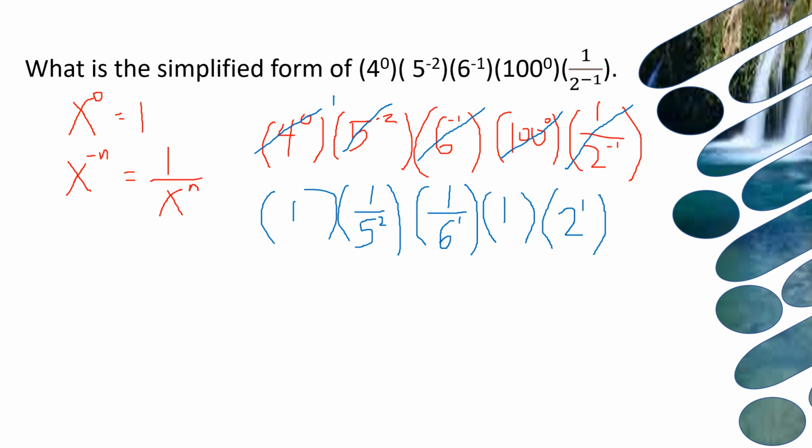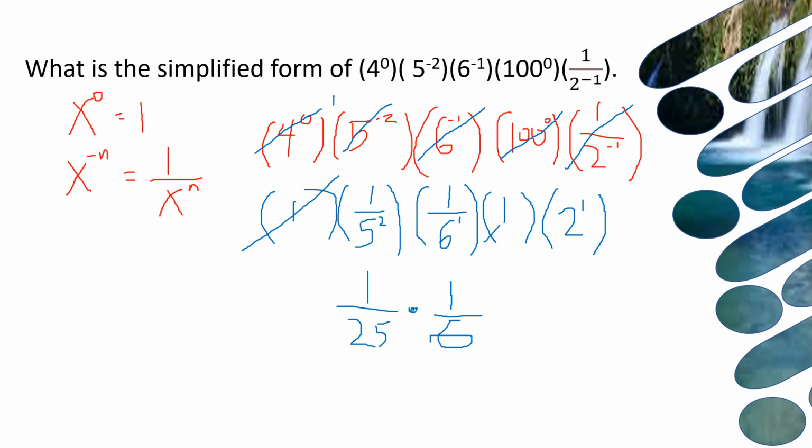So simplifying, we can just cancel out 1. So 1 over 5 squared is 1 over 25 multiplied by 1 over 6 raised to 1, or simply 1 over 6, multiplied by 1.